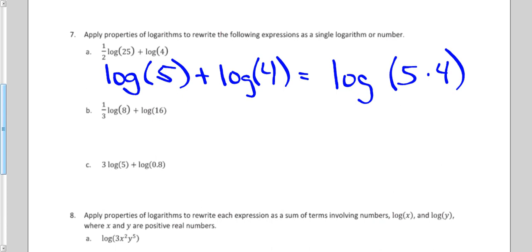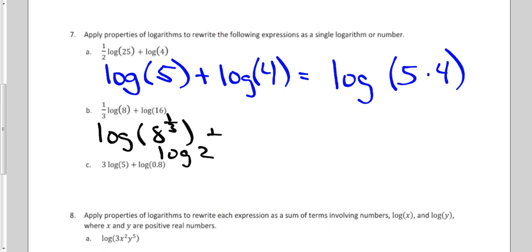Letter B. I have to do the power first. So 1/3 times the log of 8, that's the same thing as log of 8 to the 1/3 power. What's another way of saying 8 to the 1/3 power? Cube root. Cube root of 8? Yep. And what is the cube root of 8? 2. So this is log of 2 plus log of 16, right?